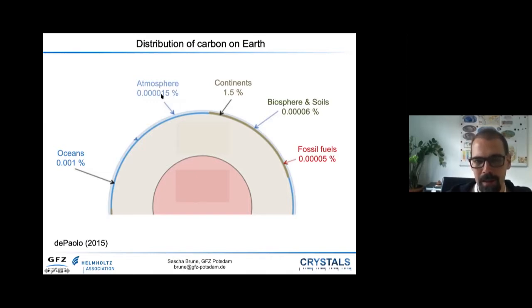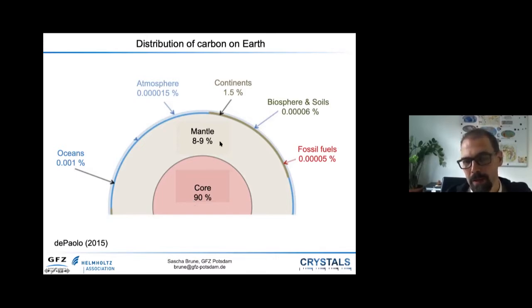This is tiny, and every change that you can add to the atmosphere adds to the greenhouse effect and adds to the climate change. The biggest majority of the carbon on the shallow Earth is in the continents. It's 1.5%. It's still not very much. Then we have the mantle with about 10%, and we have the core of 19%. So this is the entire budget on Earth.